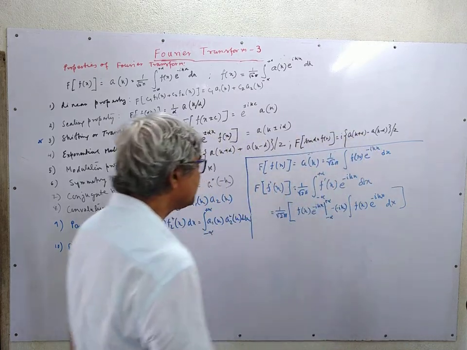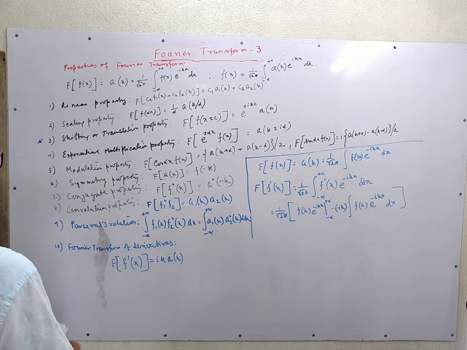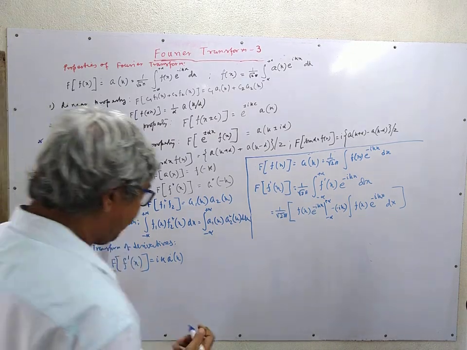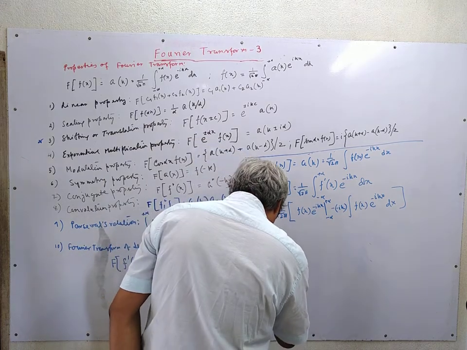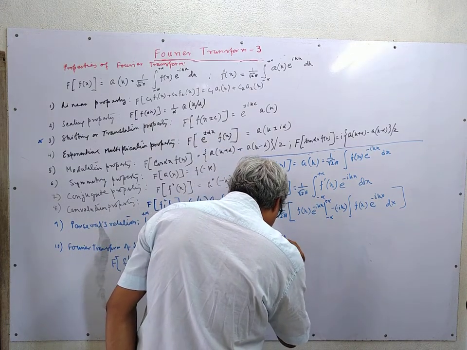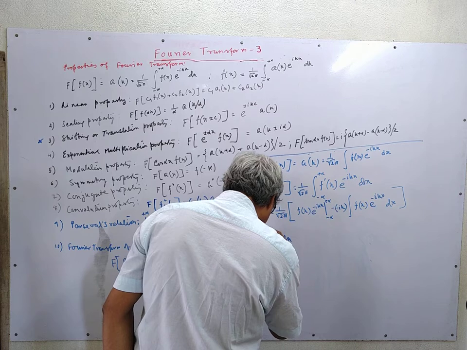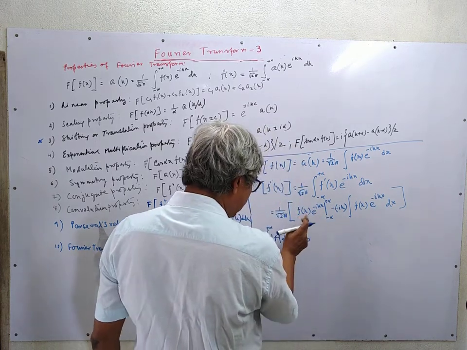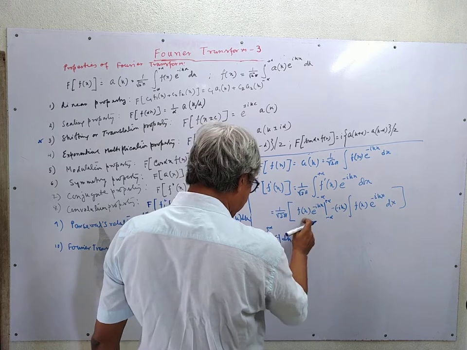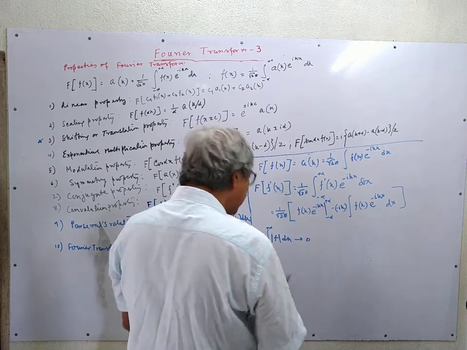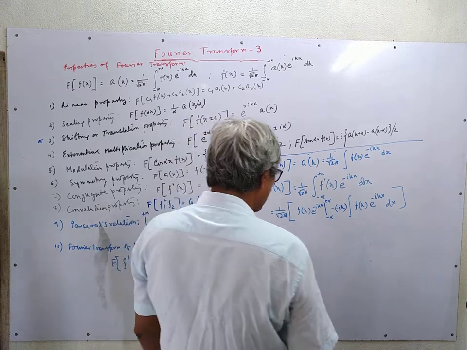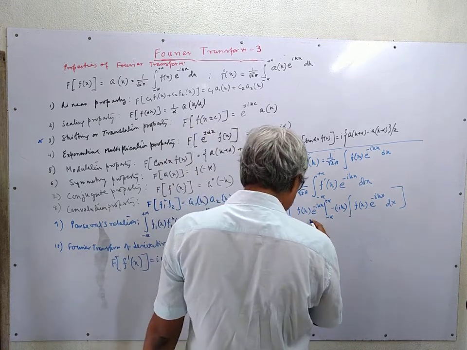Since the function we are considering should be integrated over all space, the function must go to 0 at plus and minus infinity. So this boundary part is 0.